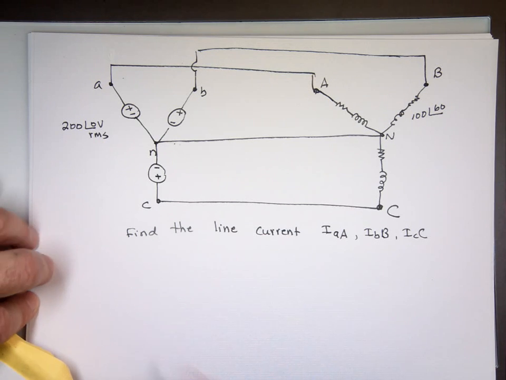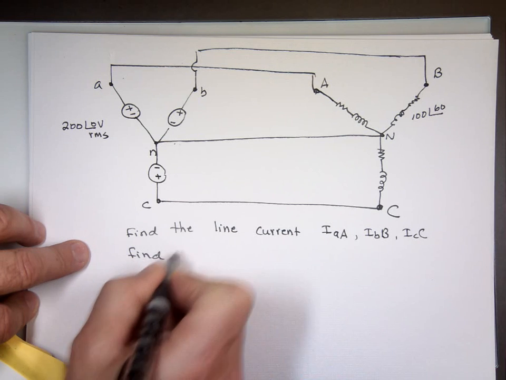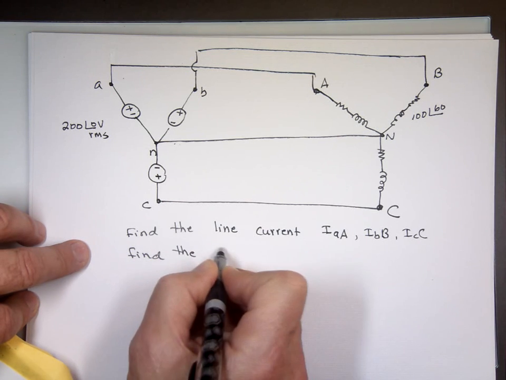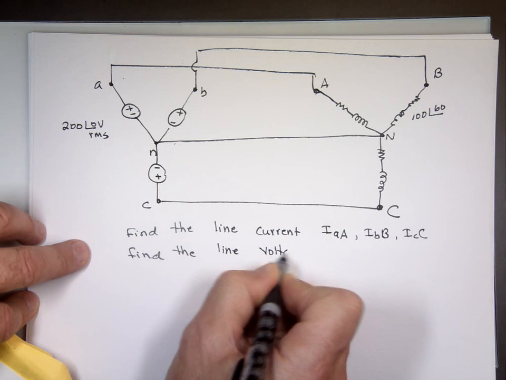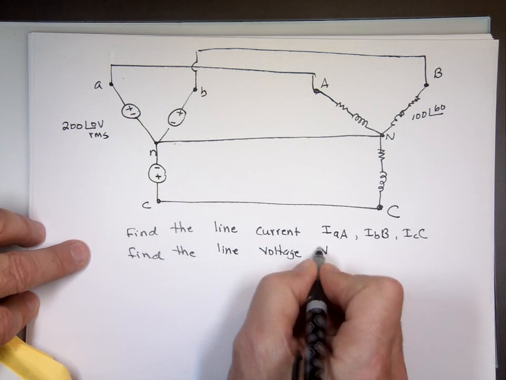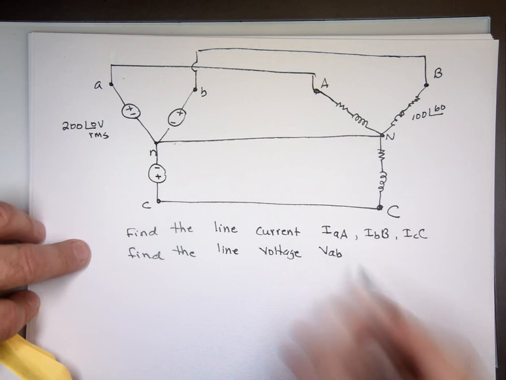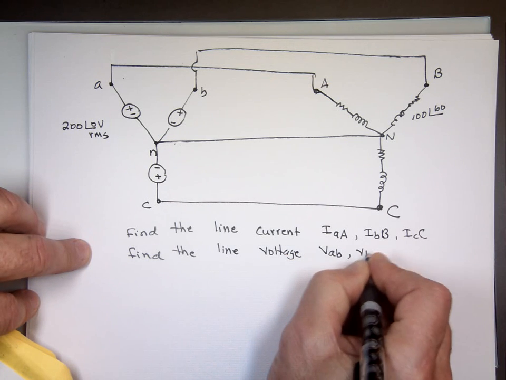Second question: find the line voltage. What does that mean? That's VAB, VBC, and VCA.